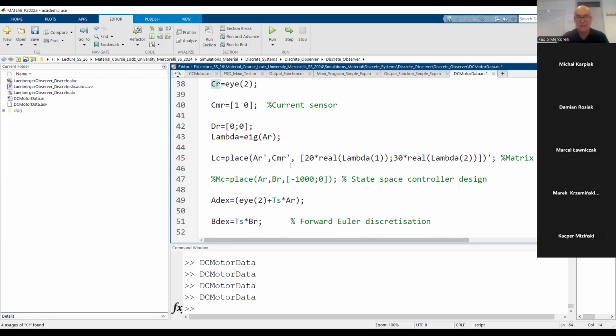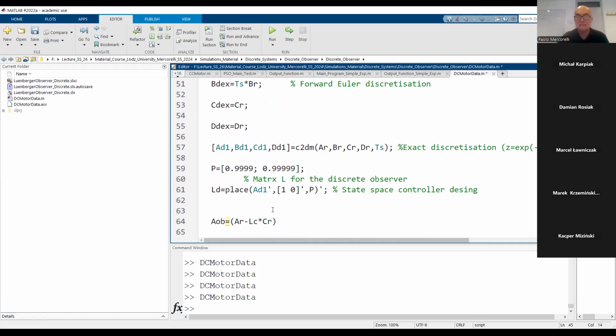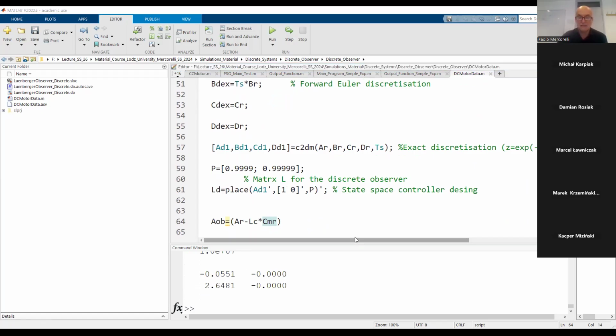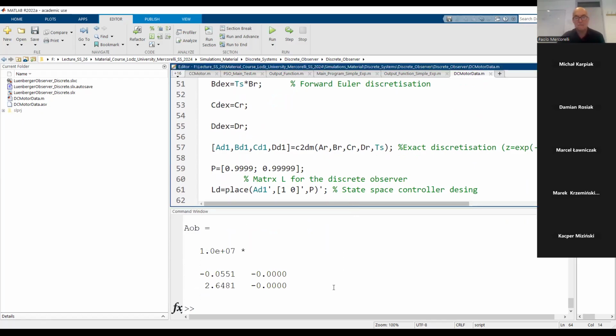CMR. Let me see how this looks. This is the matrix. I hope no mistakes.